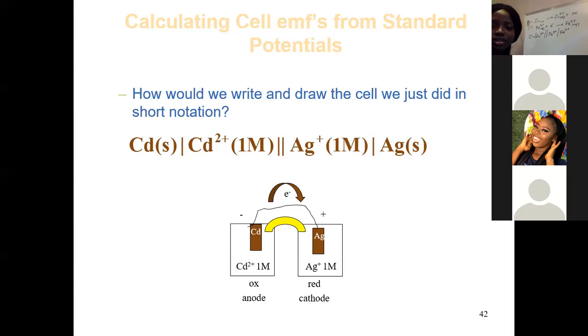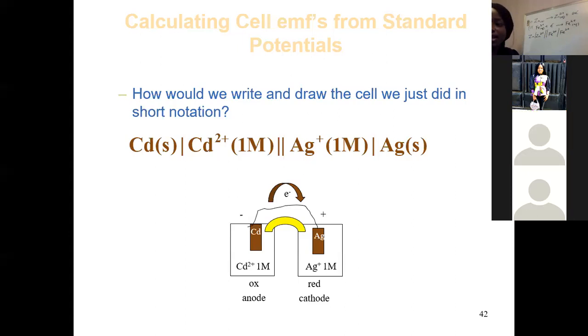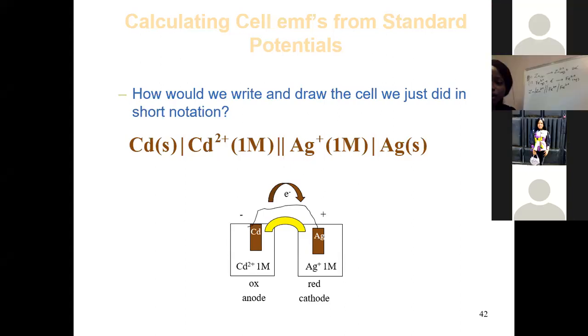Do you all agree with this? Yes, ma. But the electrons, they're not balanced. How do you mean? The only thing you are writing is the cell notation. You are not balancing the equation.